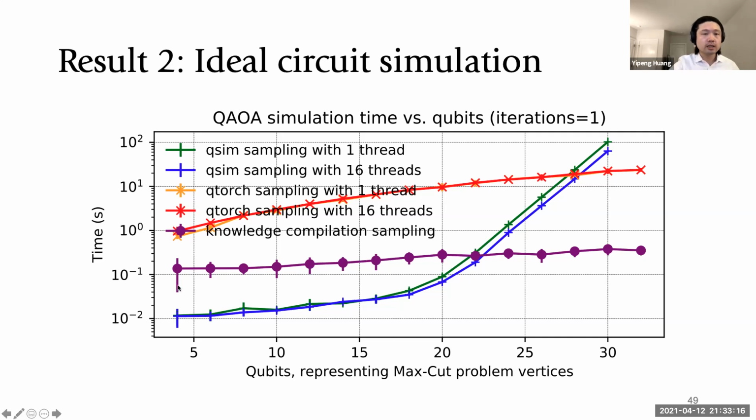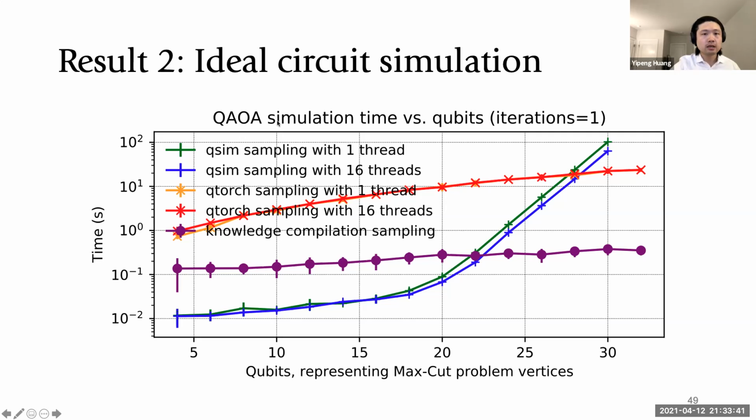And so our simulator is in the purple series here. I'm plotting the time it takes to draw samples from the quantum circuit that we're trying to simulate, plotted against the number of qubits in the quantum circuit. And this is for a benchmark that is a QAOA algorithm.